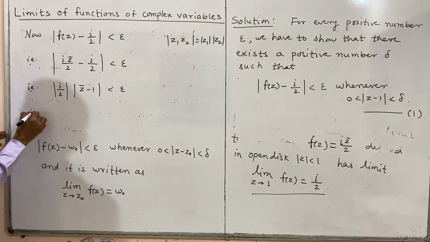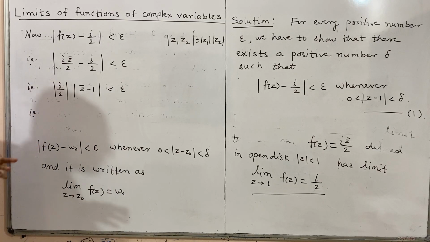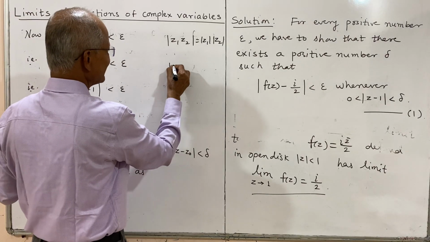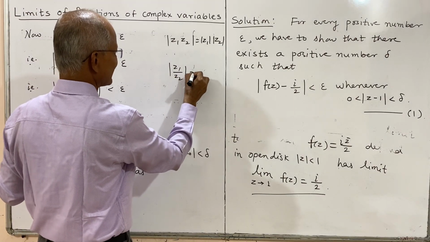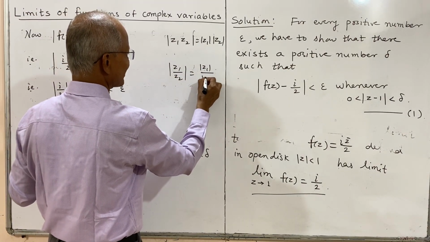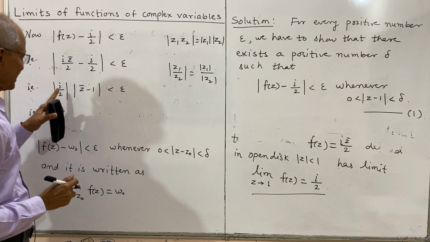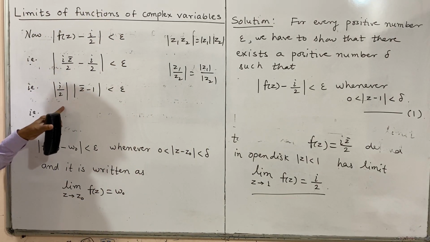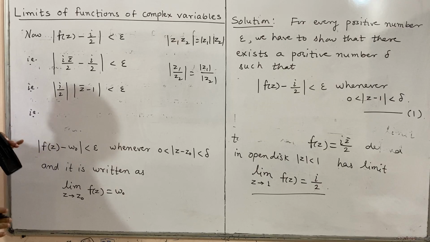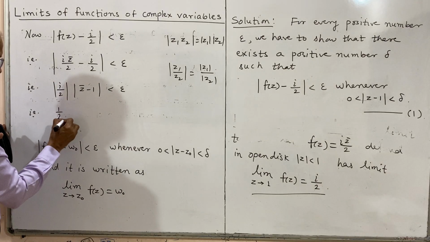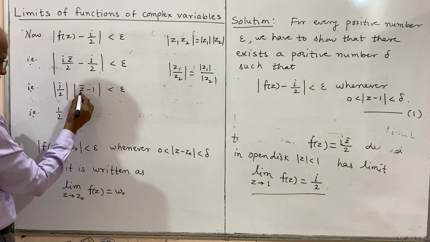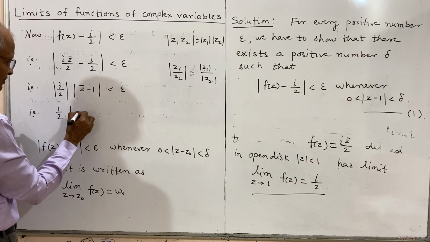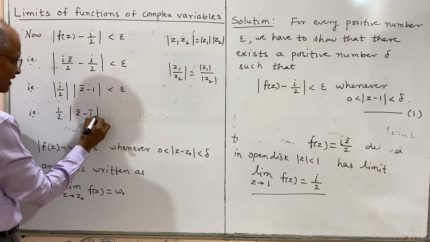Again, what is the absolute value of this i/2? Again we have this result: absolute value of z1 divided by absolute value of z2, and absolute value of i is 1, absolute value of 2 is 2. So therefore this is 1/2.